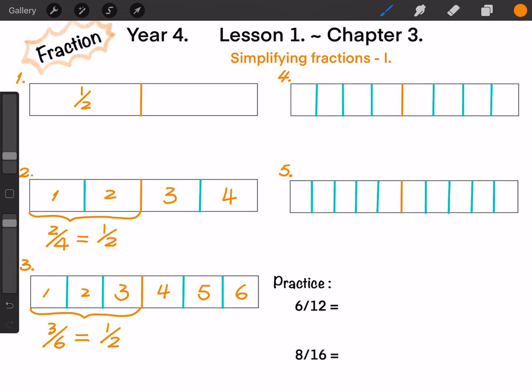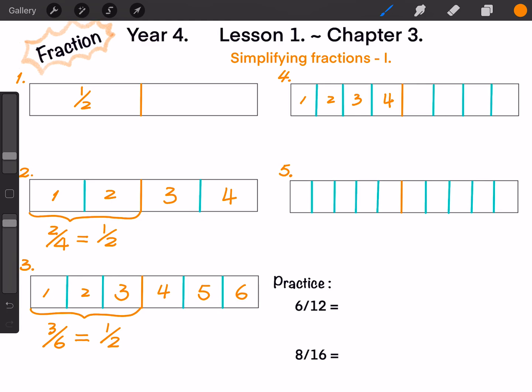The fourth rectangle. Again, an orange line divides the whole rectangle into 2 equal parts. 3 blue lines divide the left part into 1, 2, 3, 4 equal parts.